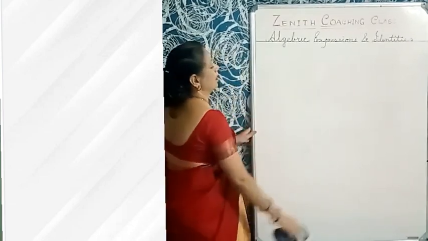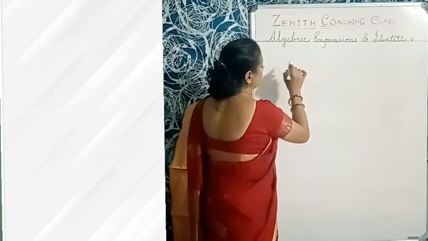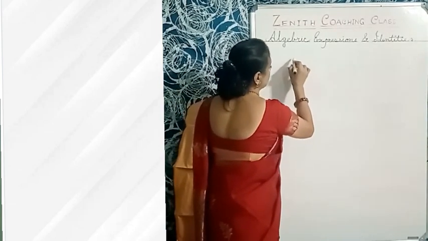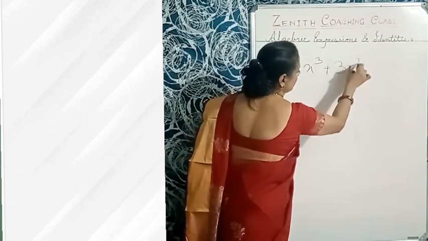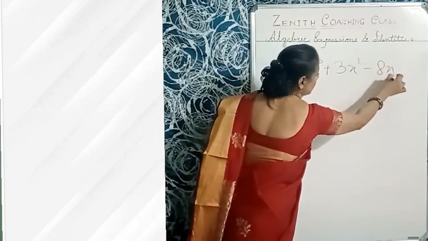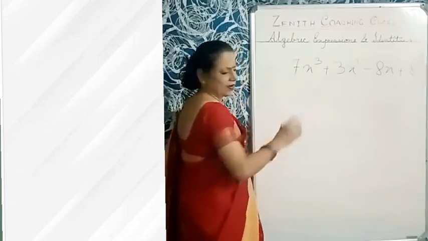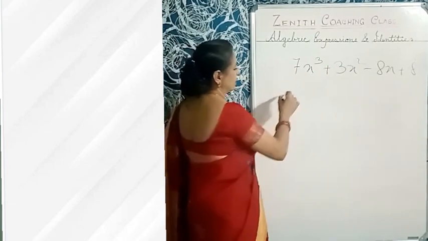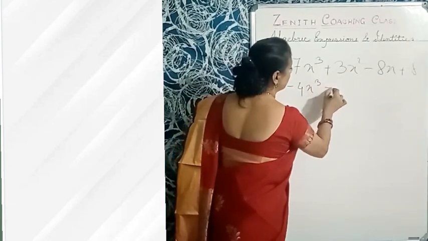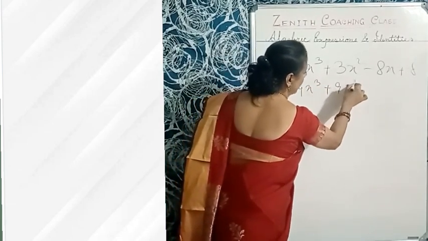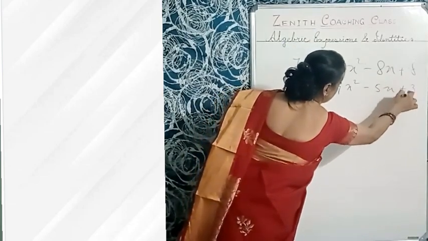Okay, let's do subtraction. Write 7x cube plus 3x square minus 8x plus 8. Now minus 4x cube plus 9x square minus 5x plus 3.